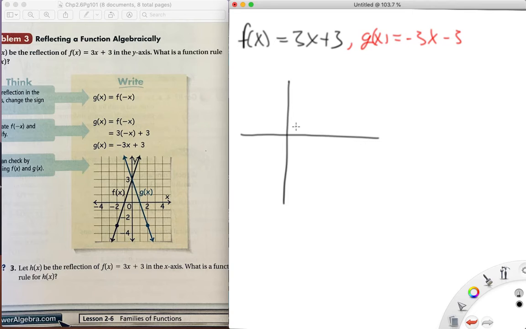It would be across the x-axis, but would be inverted. Well, I'm not gonna graph it. But that would be the equation.